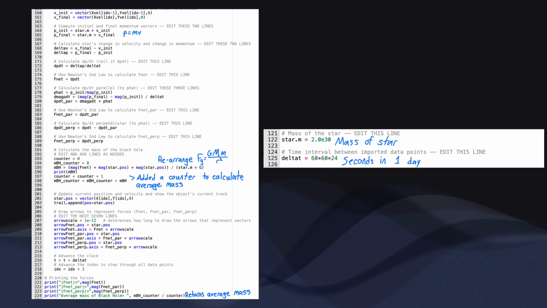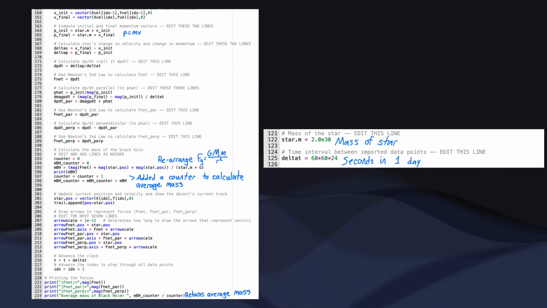Going down, the net force is just equal to the change in momentum divided by the change in time, and then I continue down, and then to calculate the mass I rearranged the universal law of gravitation formula, and I also added a counter that would add all the masses up and then take the average for me.